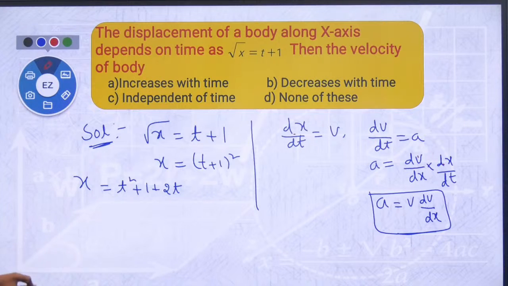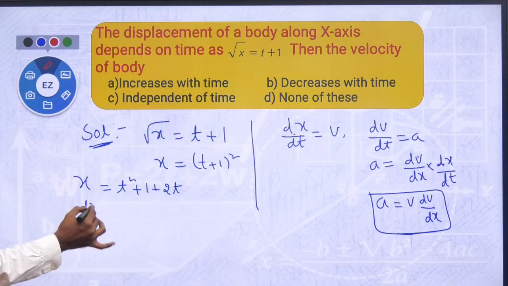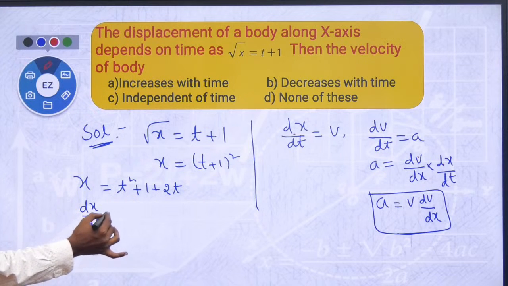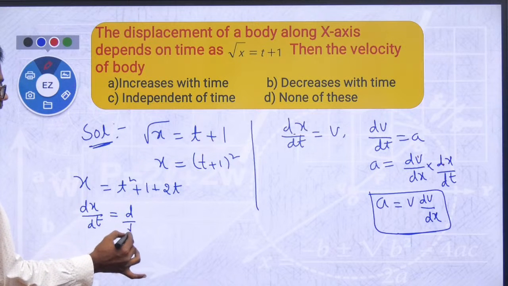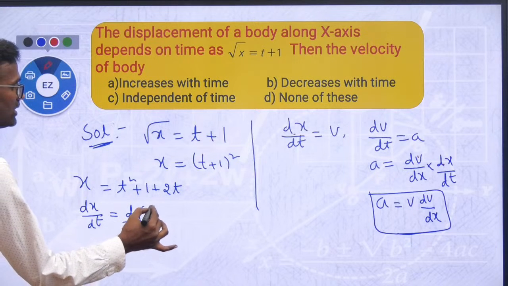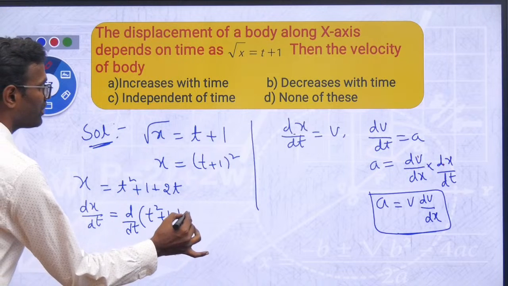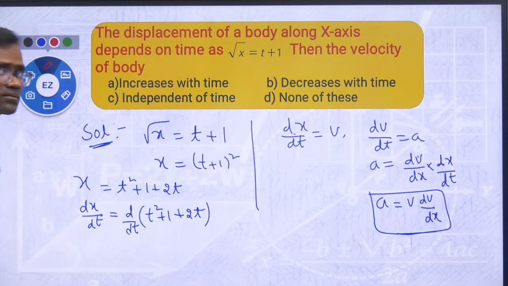Now coming to the question. Differentiate with respect to time. d by dt of x is equal to d by dt of t square plus 1 plus 2t.